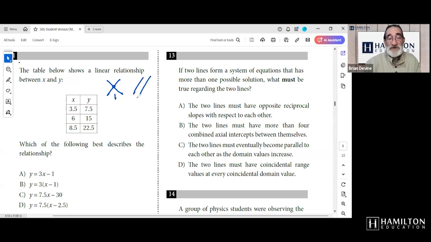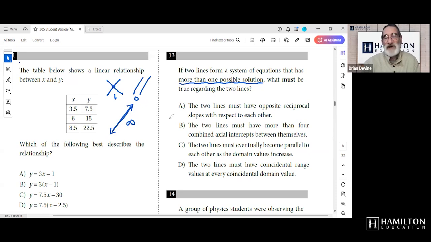Two, they never cross, so there's no solutions. Or the third one, they are crossing at every point because they're the same line. So they would have more than one solution. Infinite, that's more than one.